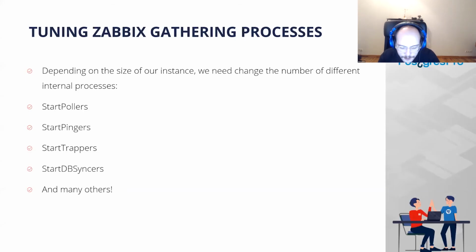So, of course, as many of you probably know, once we spin up our instance, we need to do some initial tuning of Zabbix: pollers, pingers, trappers, essentially gathering and internal processes, for example, history syncers, that's DB syncers over here. They need to be tuned. But how do we accommodate this, and do we need to accommodate this from the Postgres side of things?